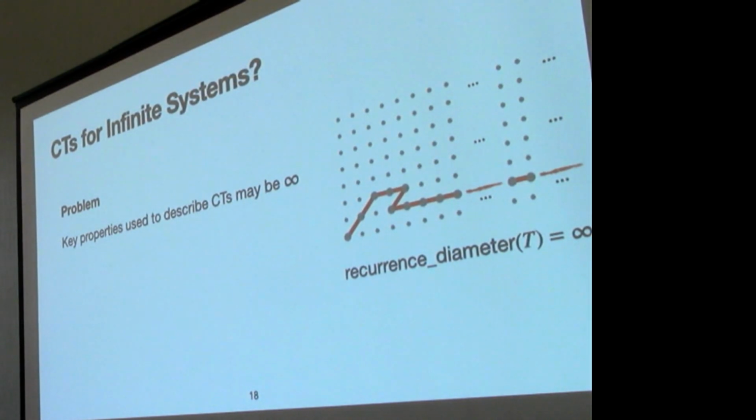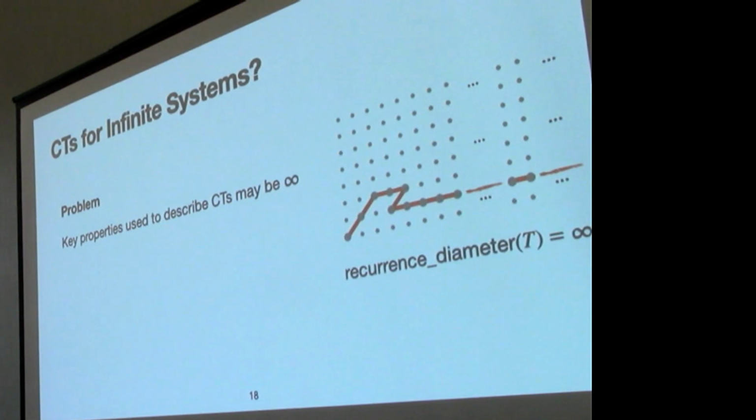And the problem with infinite transition systems is that all these key properties that we would usually use to describe CTs can be infinite. So for instance, an infinite system can have an infinite longest loop-free path, and that would mean that our completeness threshold here would be infinite, so that would essentially be worthless to us.